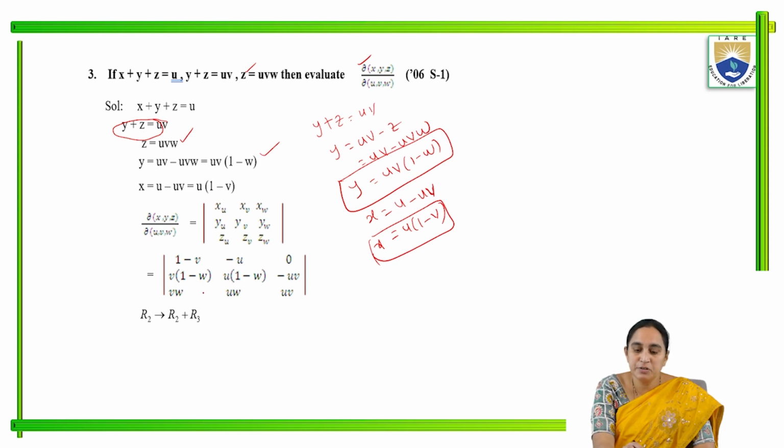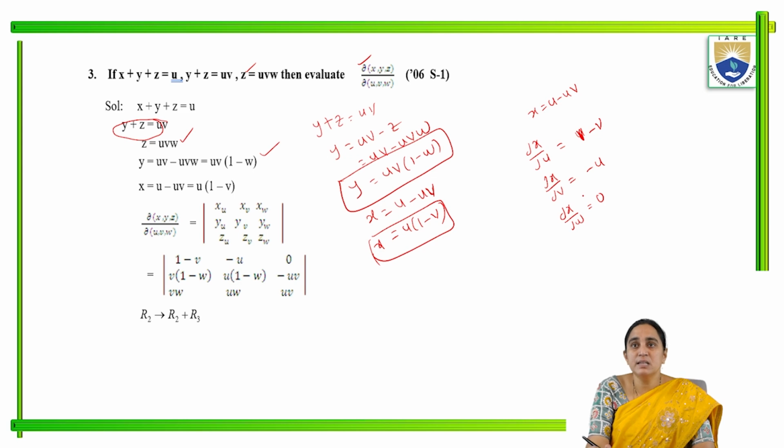Then x differentiation with respect to u, what about the first row in the formula? x is u minus uv. Differentiate with respect to u, it is 1 minus v. And x differentiation with respect to v is minus u. And x differentiation with respect to w is 0.